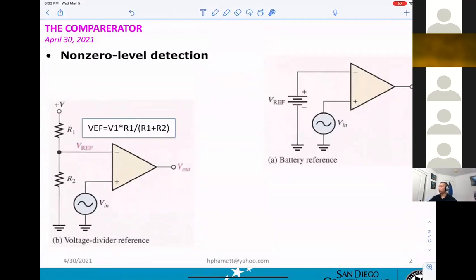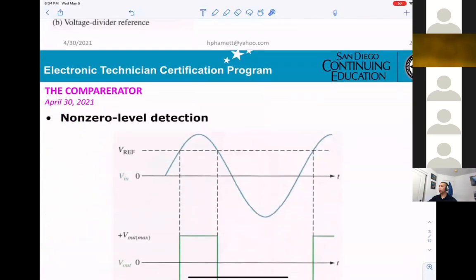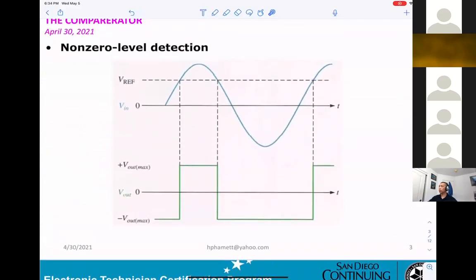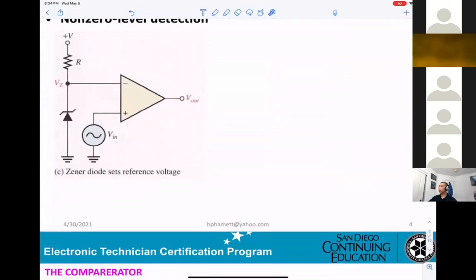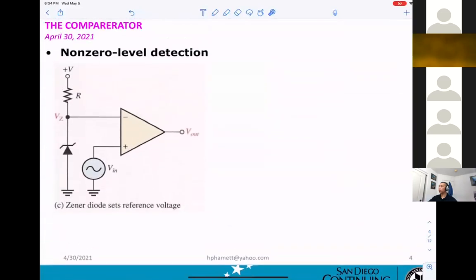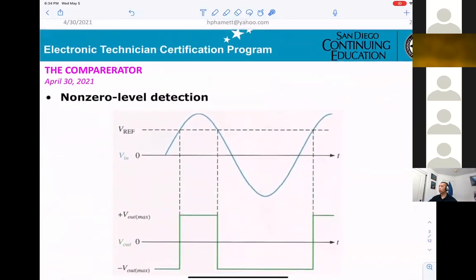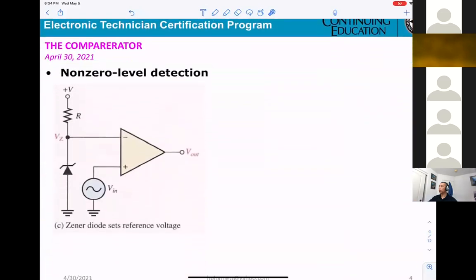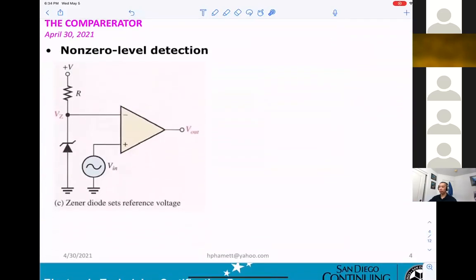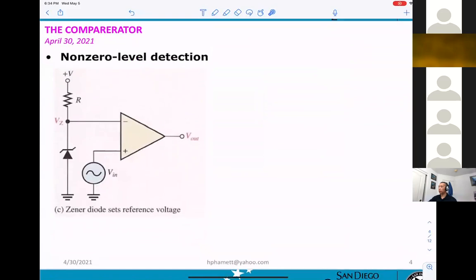Like one compares to the V reference, and the other compares to a voltage divider. I don't have any example for the voltage divider, that's easy. I understand the non-zero level detection. Thank you.